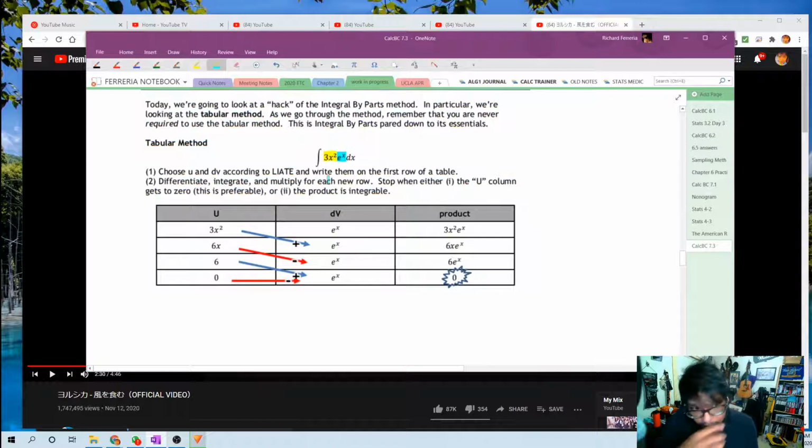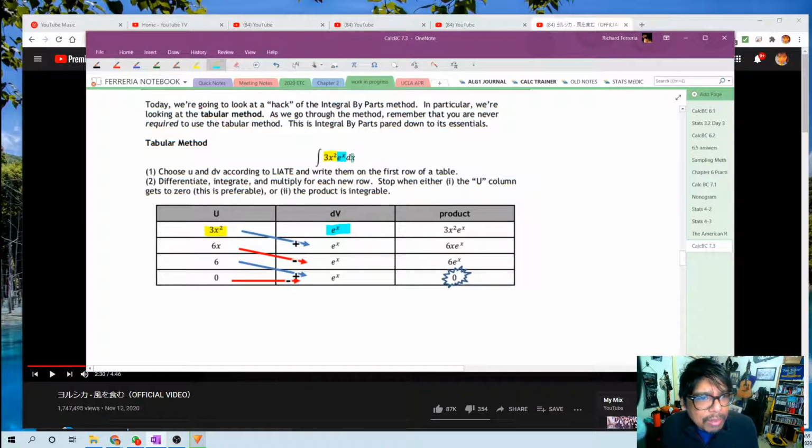I take a look at those two, and I say 3x squared is algebraic, e to the x is exponential. That means 3x squared is going to be my choice for u, which is what we got over here, and e to the x is going to be my choice for dv.